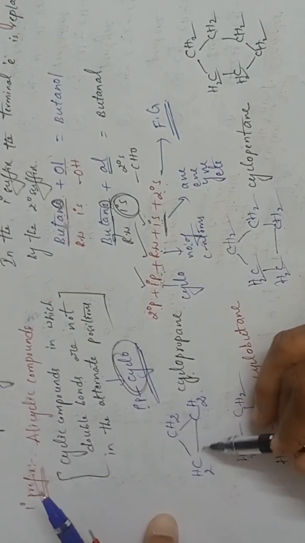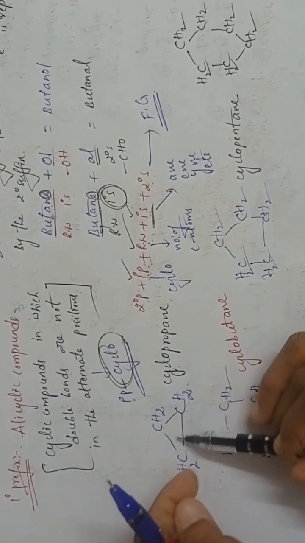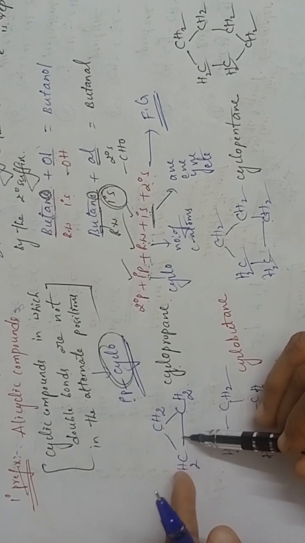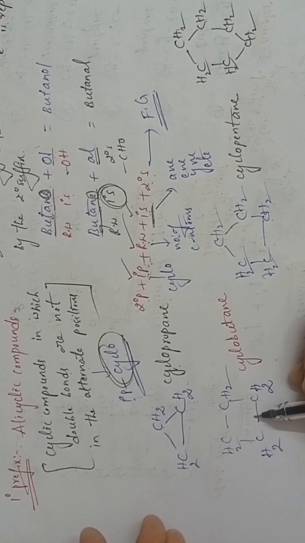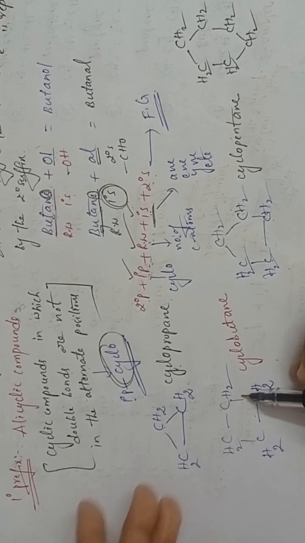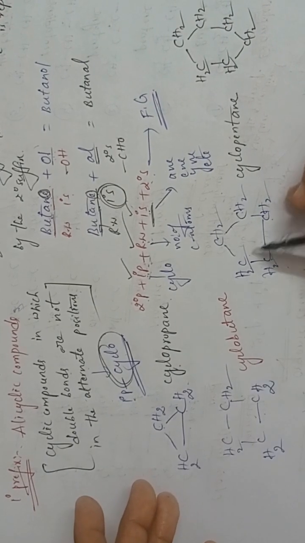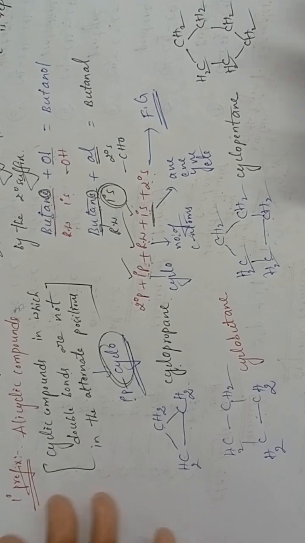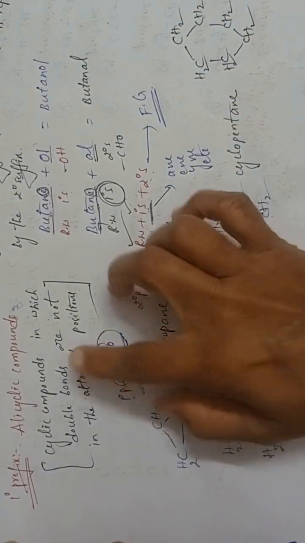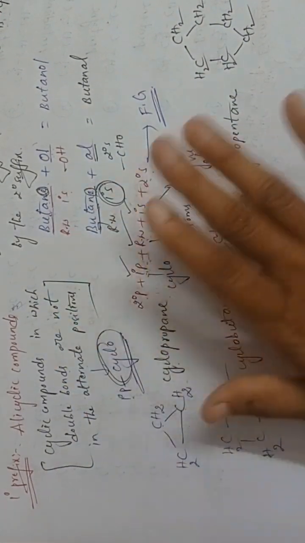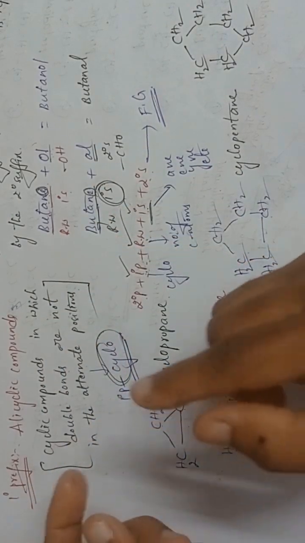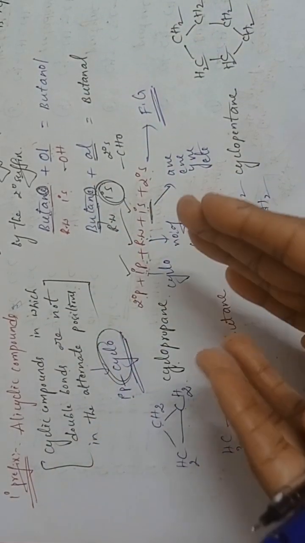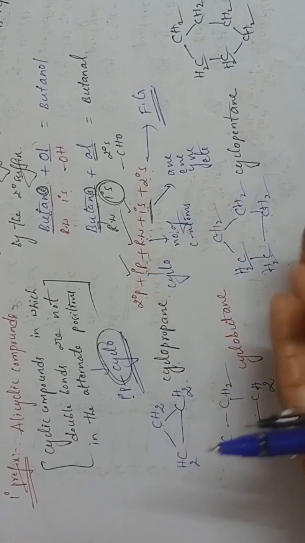Is there any double bond here inside the chain at alternate positions? No. Here, any double bonds? No. All single bonds only. So alternate double bonds are absent here. Those are closed chain structures, but double bonds are not in the alternate positions, so those are alicyclic compounds.